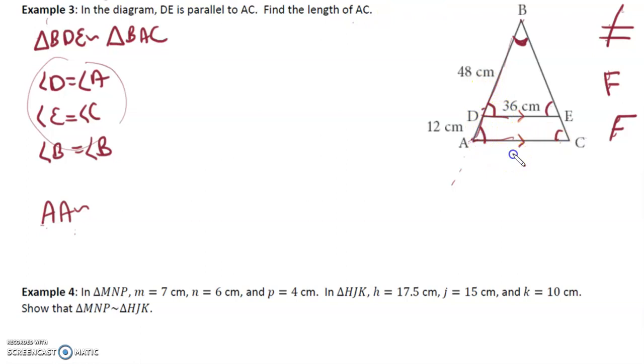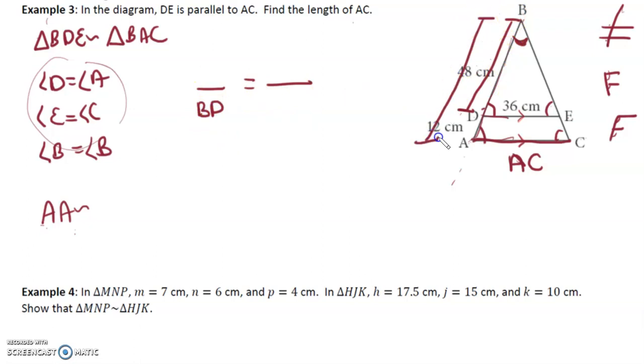So we're going to find the length of AC. AC is this one, so let's call this AC here. We have these two side lengths, and just be careful because we actually have to do an addition here. Let's go large triangle over small triangle in our equivalence. So BD is going to be our small one, and we write BA over top.